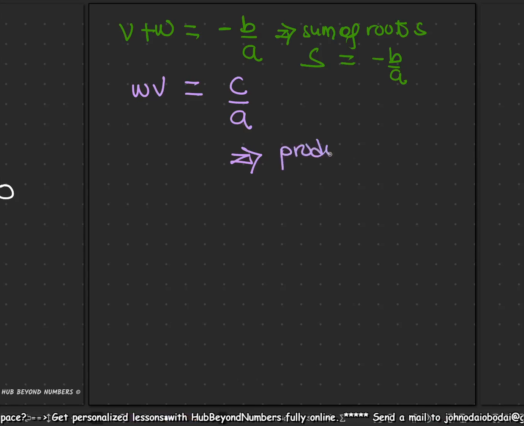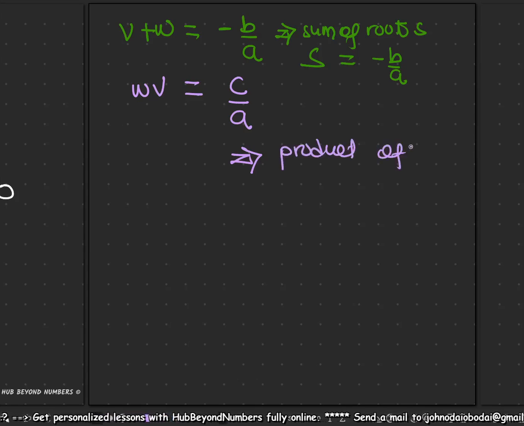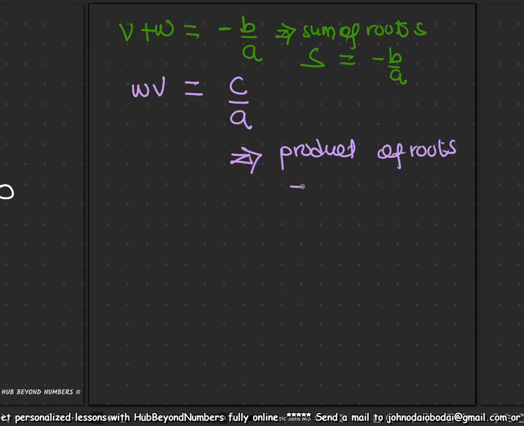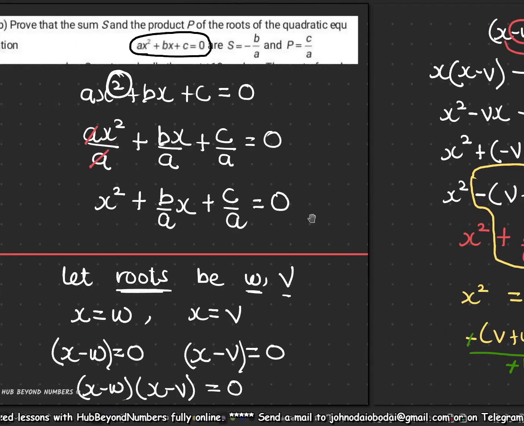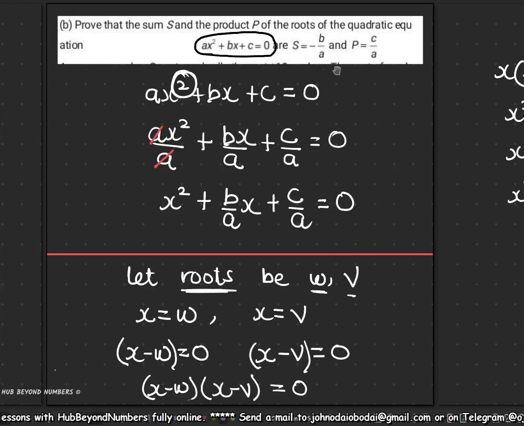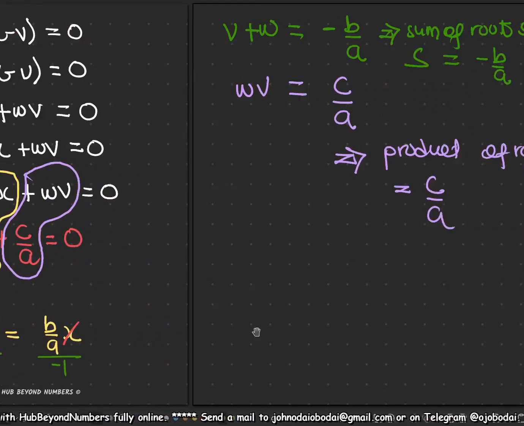So the product of the roots is also equal to what? C over A, just as was asked in the question. C over A, you see. Hence we have proved, you see. So that is how it is.